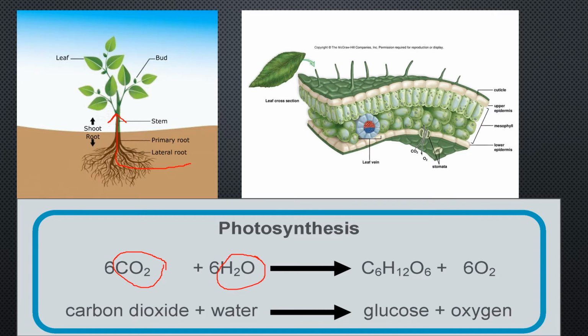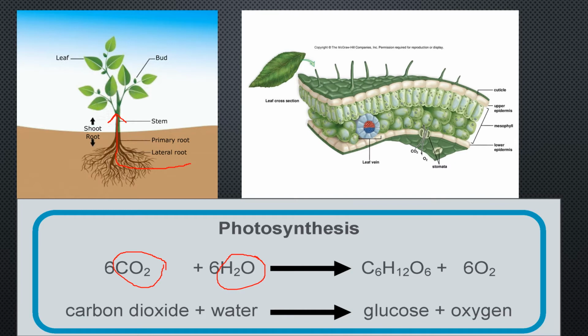And so the pigment that is used most in photosynthesis is chlorophyll A and B, but there are accessory pigments as well that collect light too. But most of that is going to be in our green portions of the plant. We'll kind of go into that a little bit more as well.